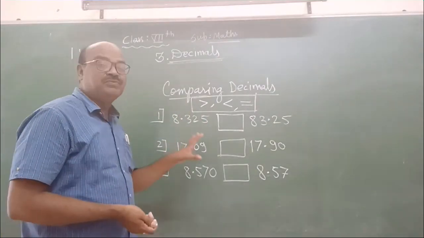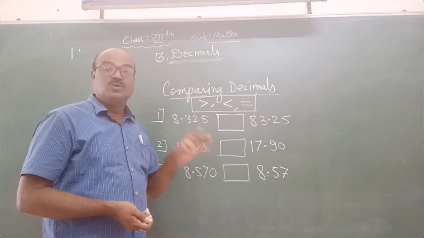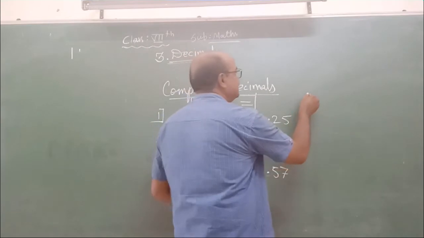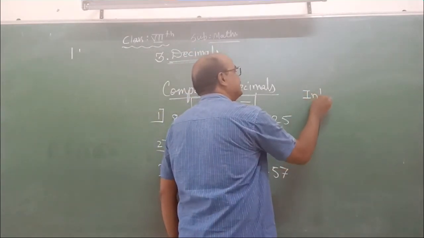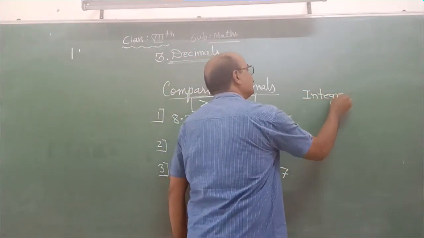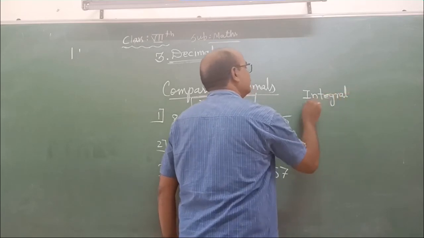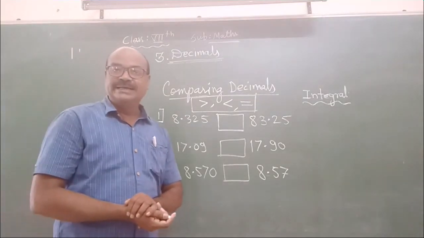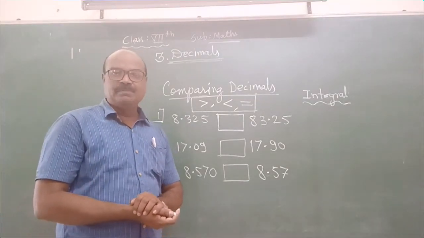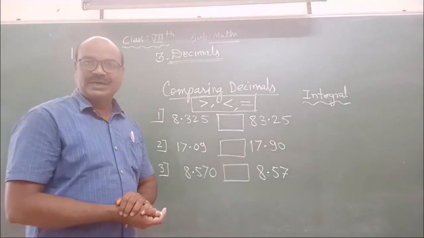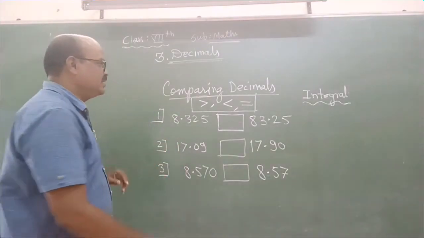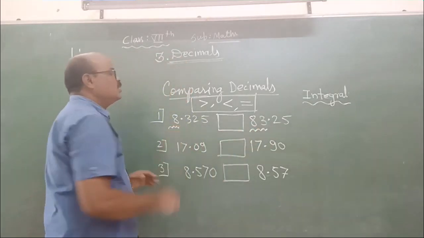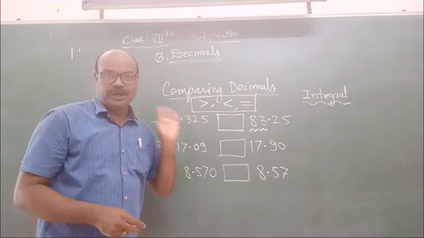So students, before comparison, what should we think is more important? So first thing is, we should focus on integral part. Regarding integral part, I told you earlier that the digits or the number before decimal point, right?